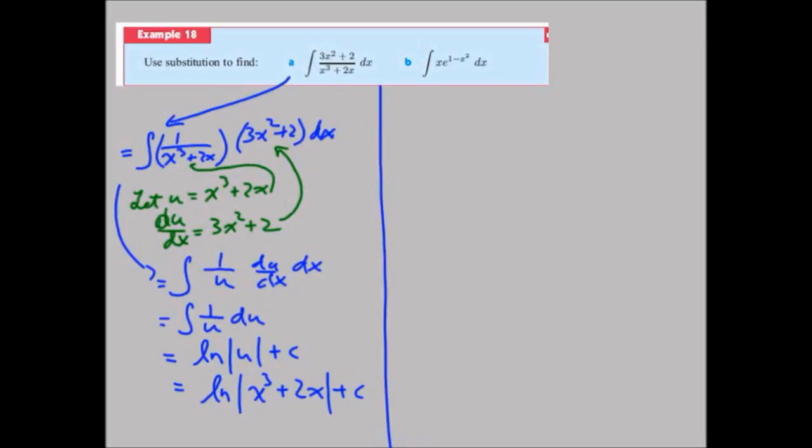Second one. Okay, so this is where we have to start using our imagination. In order to simplify this, we're going to need to let u equal that exponent, 1 minus x squared. And therefore, du/dx will be equal to negative 2x.